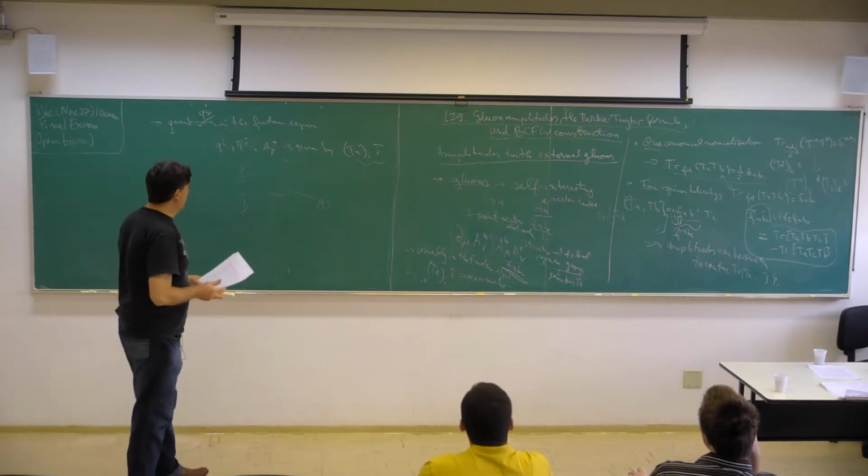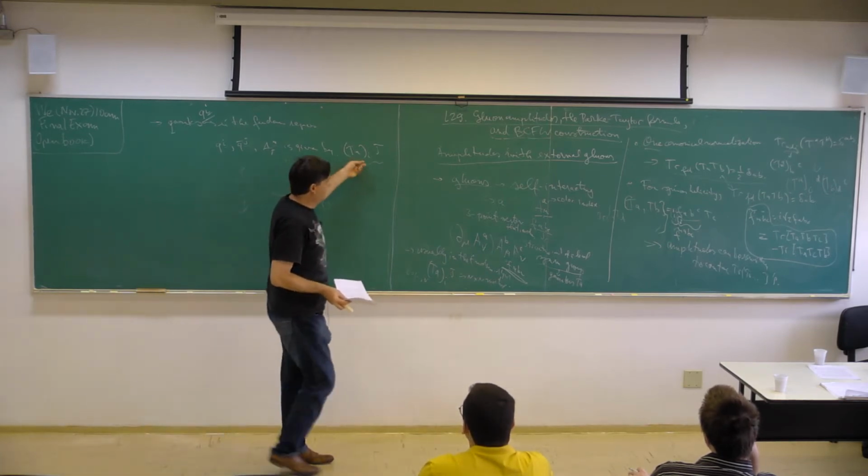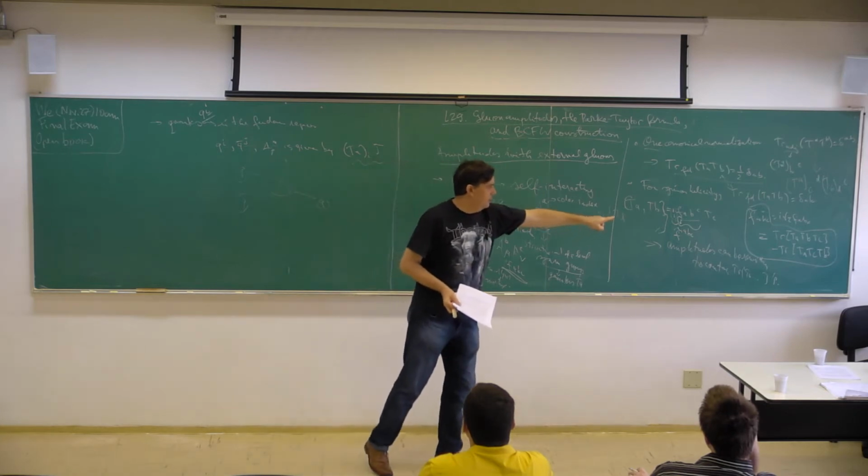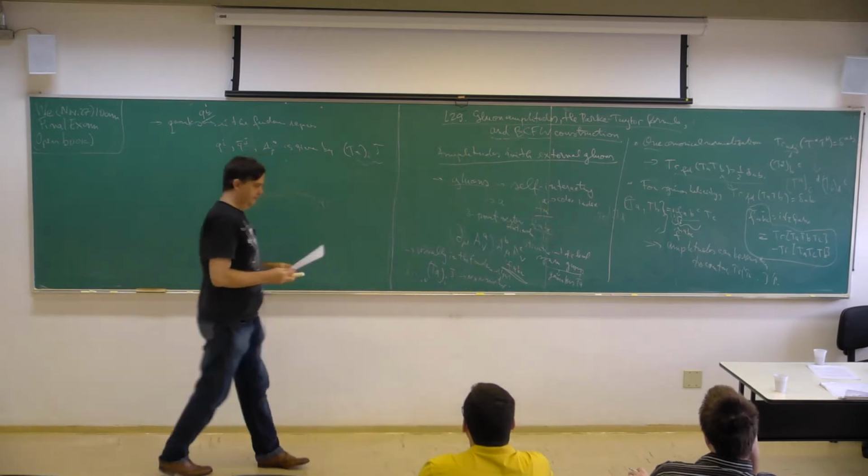So that's a little bit more general. If I don't have quark and antiquark, then I cannot have this object, and then I'm left with just traces.